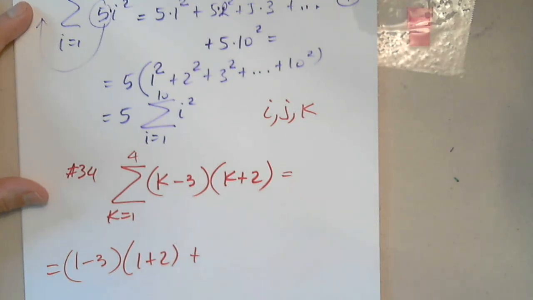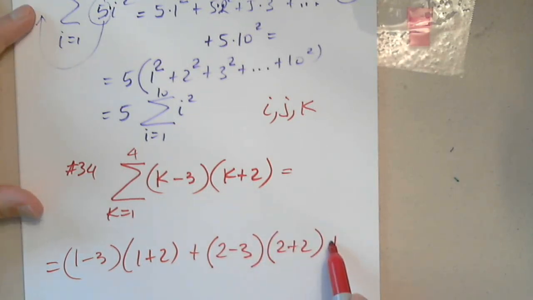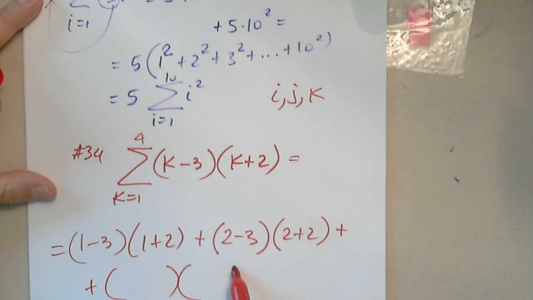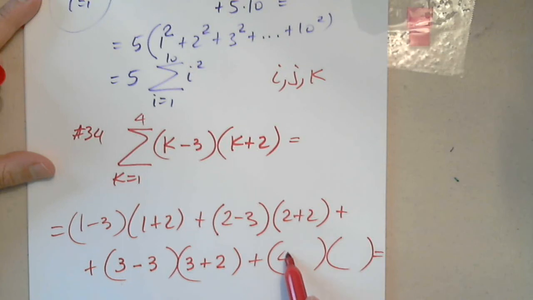Now k equals 2: 2 minus 3, 2 plus 2. When k is 3. Can everyone follow?